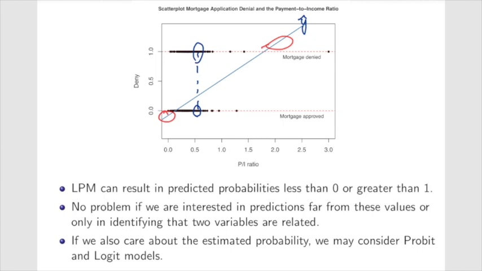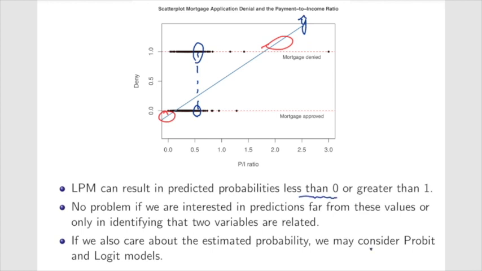But if we also care about the estimated probability, we want to know for a specific applicant for a certain level of PI ratio, what's the probability that his application will be denied. Then we may have a problem because a probability smaller than 0 or larger than 1 is clearly unreasonable.